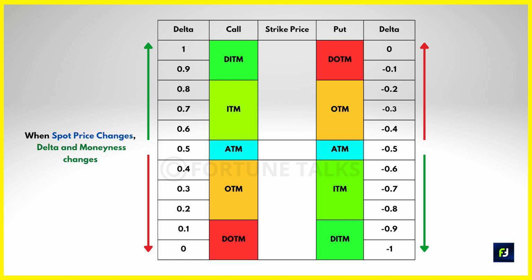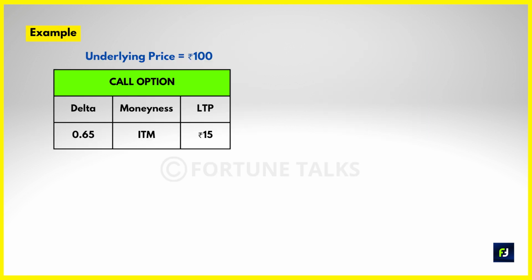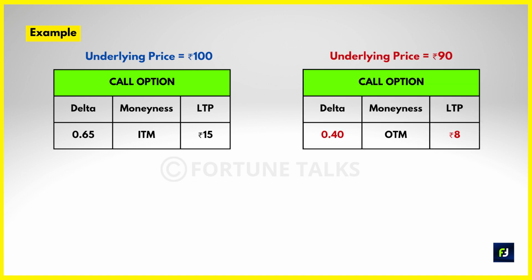Let me consider an example to show you the impact of delta on options. Assume that a call option is in the money and it has a delta of 0.5 and the option price is 15 rupees. Let us say that in a few days, the price of the underlying declined by 10 rupees, causing this option to move out of the money.